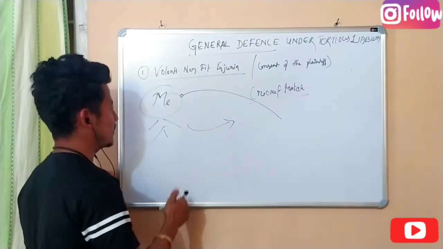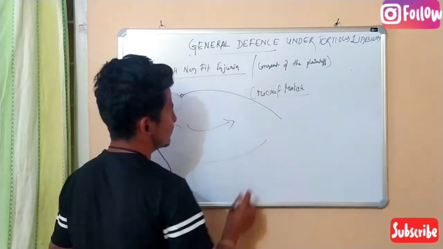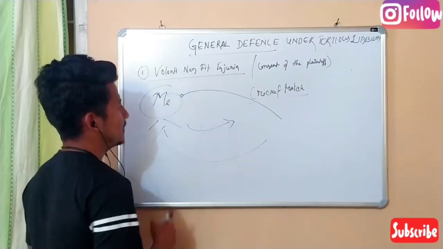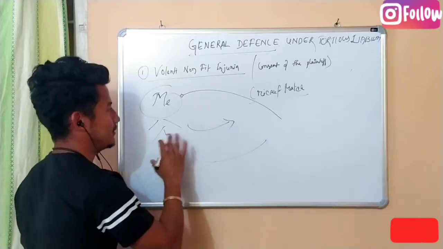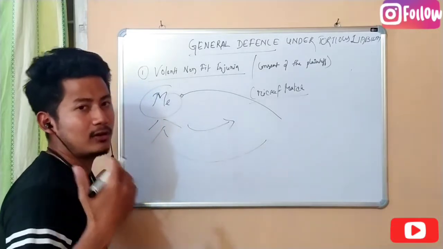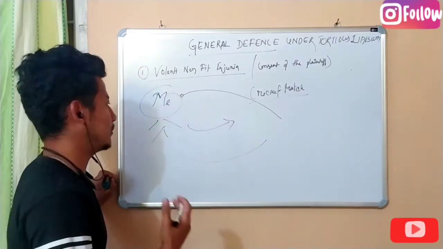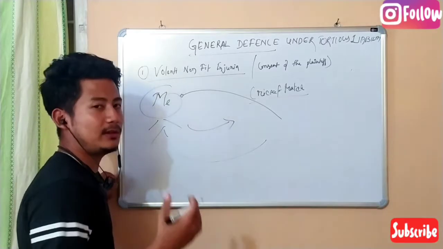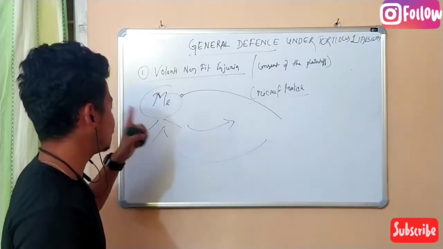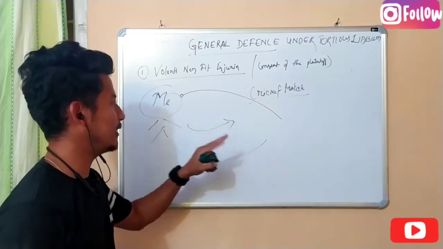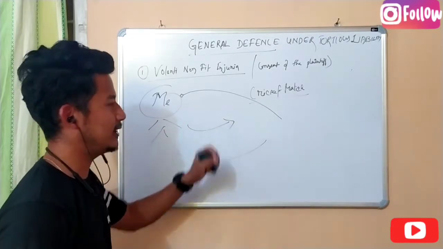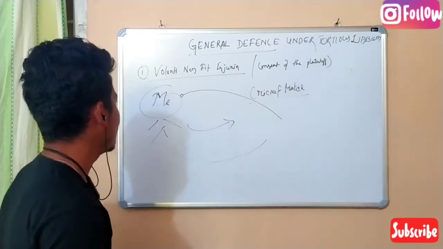In such a situation, I cannot file a suit against the cricketer because I have given consent to suffer all the possible injuries which can be inflicted on any spectator. So I will have no right to claim damages from the defendant, that means the batsman.